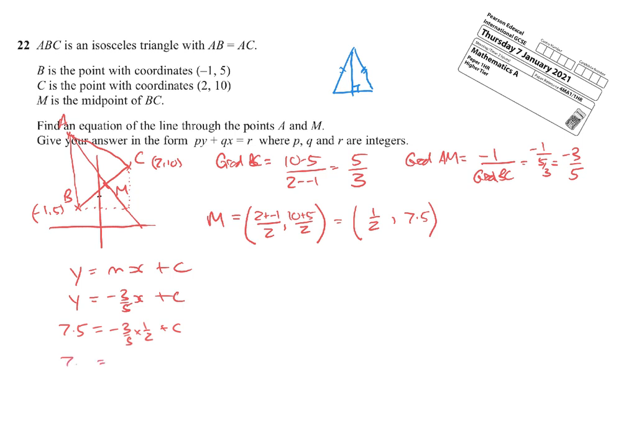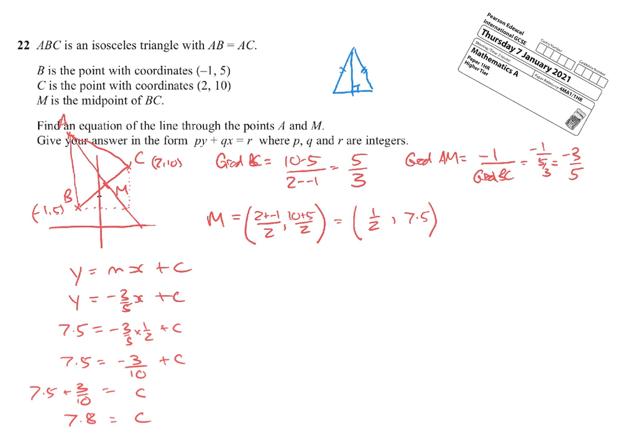So we've got 7.5 is equal to minus 3 over 10, plus c. So what is c equal to? C equals 7.5 plus 3 over 10. If you put that into your calculator, you will get an answer for c. It's 3/10 is 0.3, so c is 7.8.